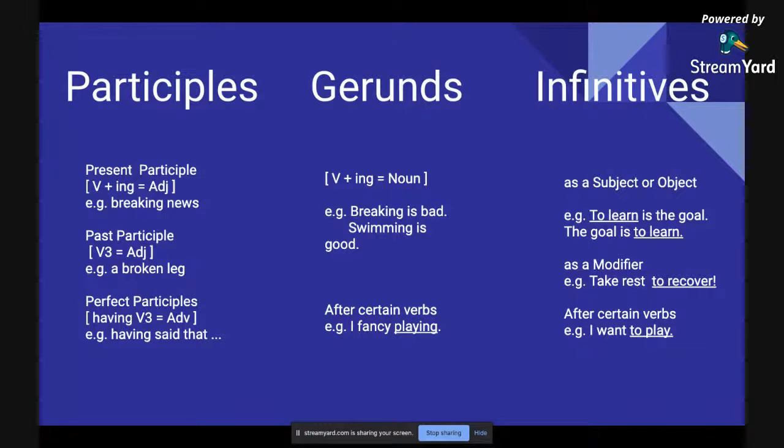For example, to learn is the goal. The goal is to learn. It can also serve as a modifier, as if to explain the purpose of actions, like take rest to recover. Why should I take rest? In order to recover. And infinitives is mostly used after certain verbs.